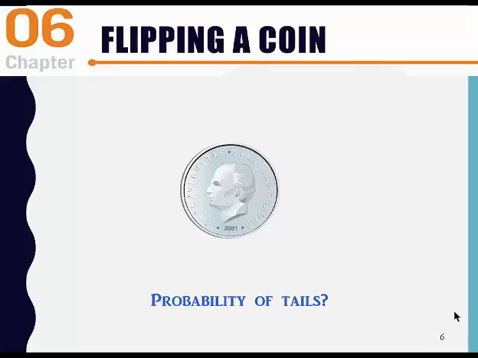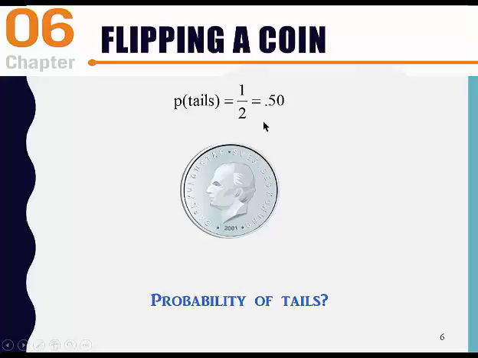Again, by the formula of probability, it is the number of tails on the coin over the total number of possible outcomes. We know we're looking for the probability of tails, and there's one tail and one head on a coin. So it is 1 tail over the possible outcomes, heads or tails.